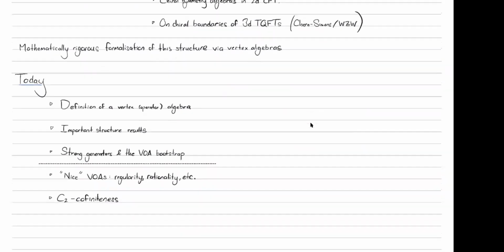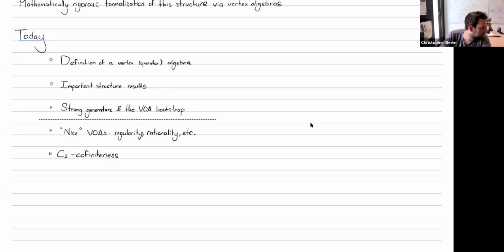Sorry, before starting, is it possible to explain in physics terms what the mathematicians call a chiral algebra? Not really.